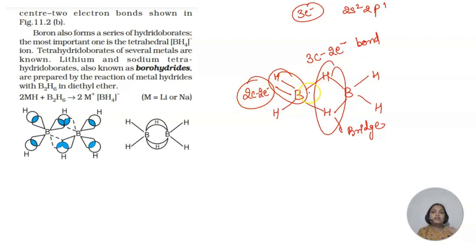But in bridge bonding, 3 atoms and 2 electrons, right? So you should know that there are 4 2 center 2 electron bonds, and there are 2 3 center 2 electron bonds in the structure of diborane. Okay, this was the important thing you should know.